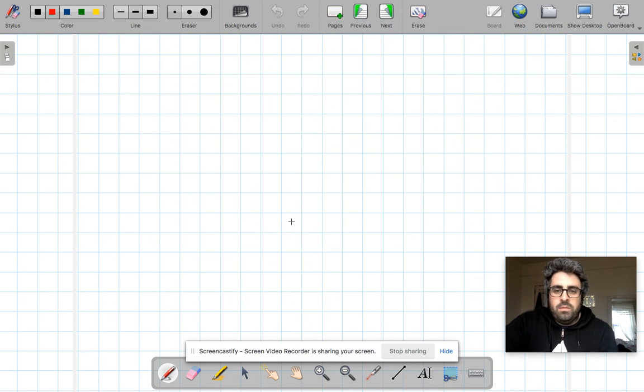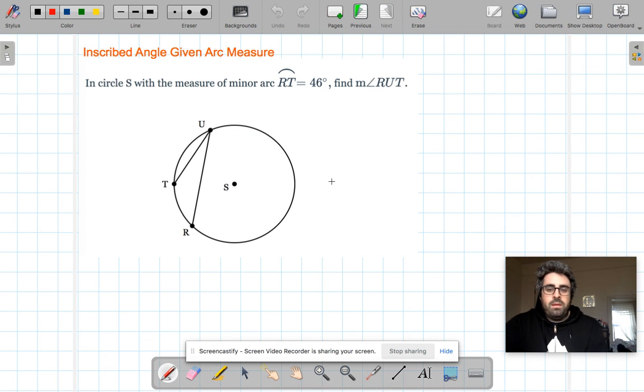All right, so one more example. In circle S, with the measure of minor arc RT equals 46 degrees, we're given the arc. Find the measure of angle RUT. Again, the first thing we're going to want to do in this particular assignment is decide: is this a central angle or an inscribed angle?